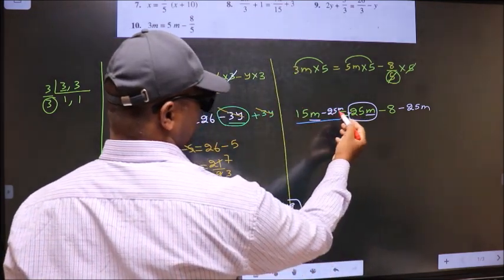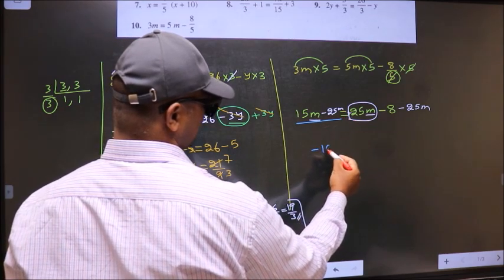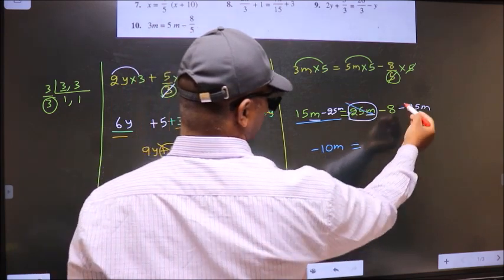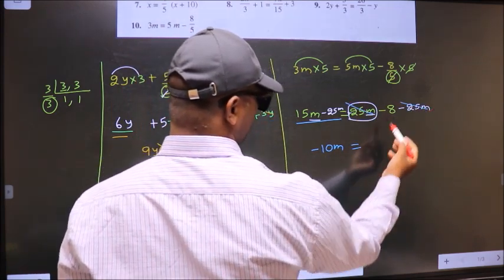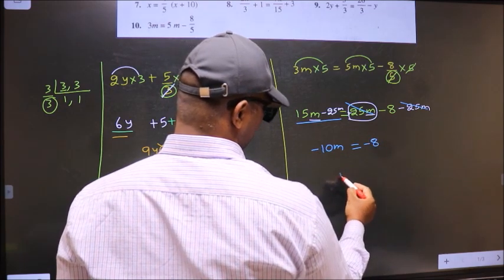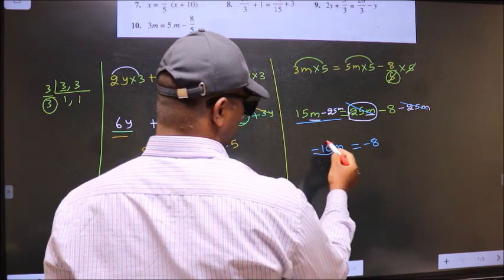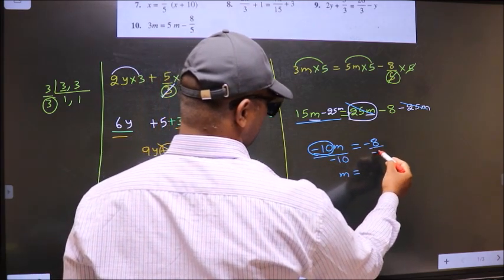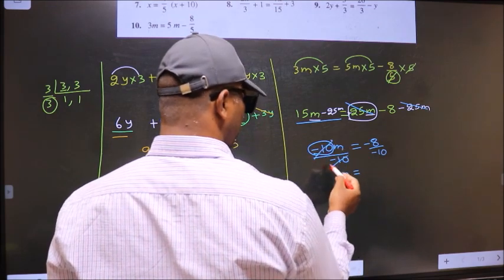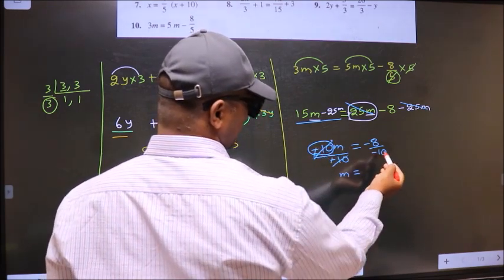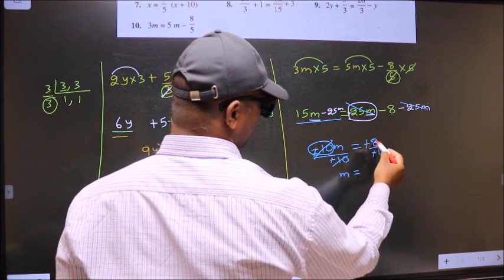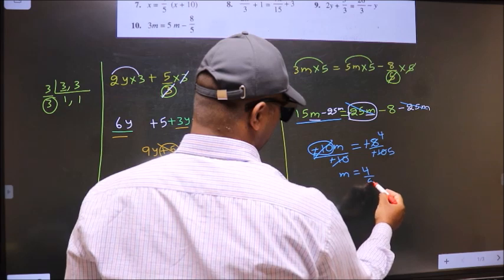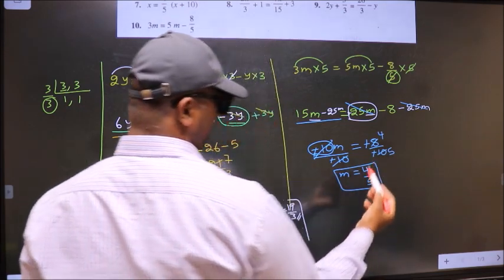So 15m minus 25m will result in minus 10m equal to plus 25m minus 25m cancel out, you are left with minus 8. Now to get m, we should remove minus 10. So to remove minus 10, you divide by minus 10. So here it cancels out, you are left with m. And on this side cancel negative, then 2 table, 2 4s, 2 5s. So we got m equal to 4 by 5 is our answer.